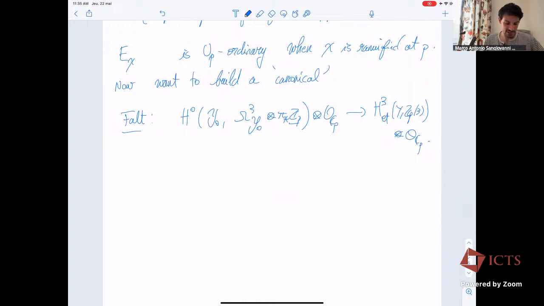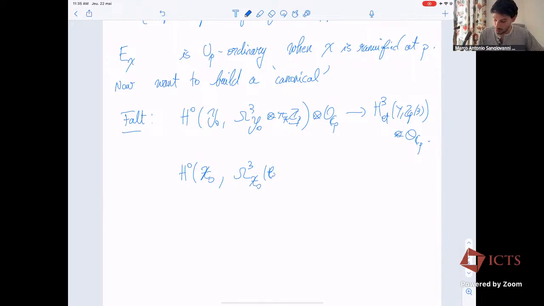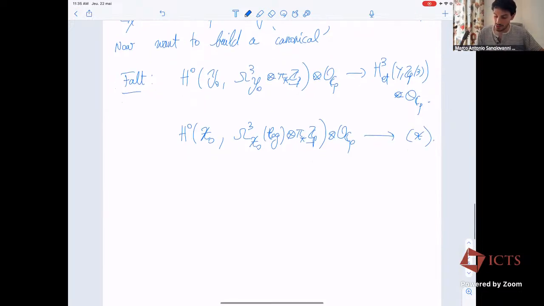Actually, since it's better to do geometry with proper things, we will build a map from X naught, here with log poles at the boundary, to the same thing. So here X naught is Y naught Tor, an integral model of a toroidal compactification of Y naught.